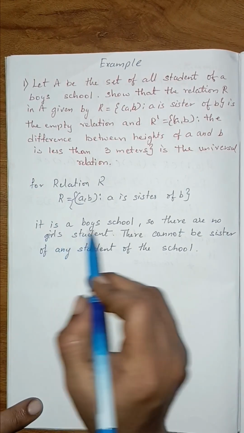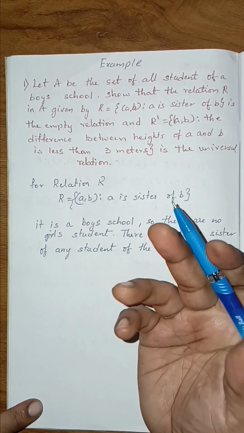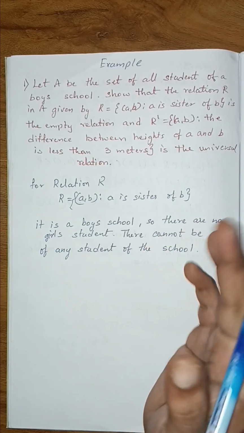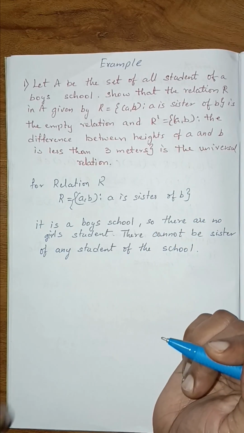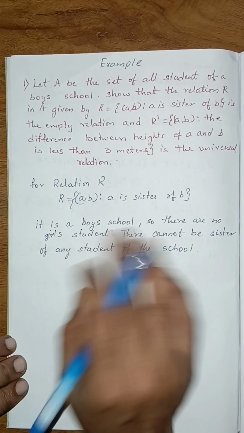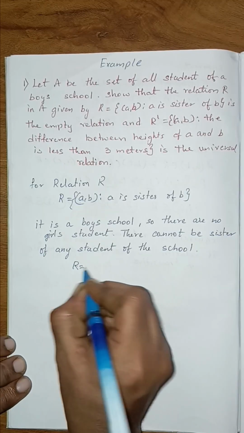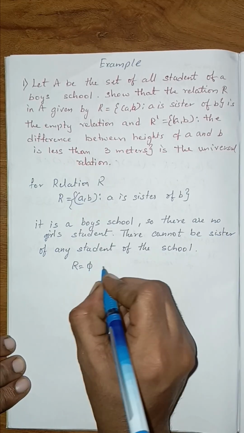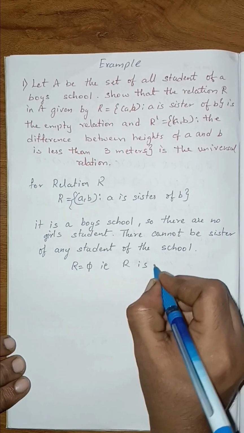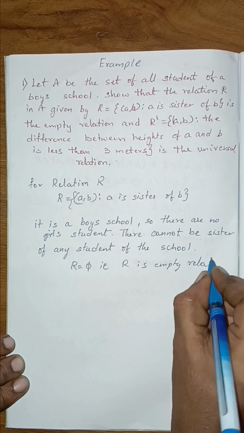This is a boys school, so there are no girl students. So obviously when there are no girl students, there cannot be a sister of any student. Only if there is a girl can there be a sister of any student. So here there is no element at all. So this relation is nothing but an empty relation, that is, null. That is, R is an empty relation.